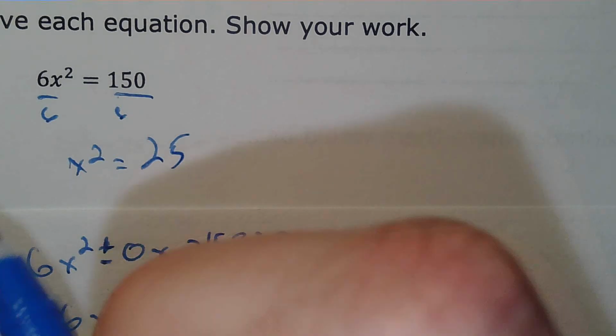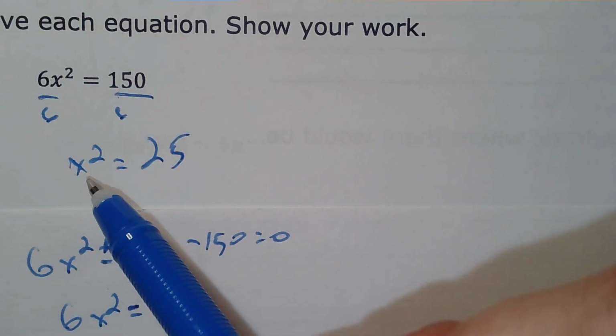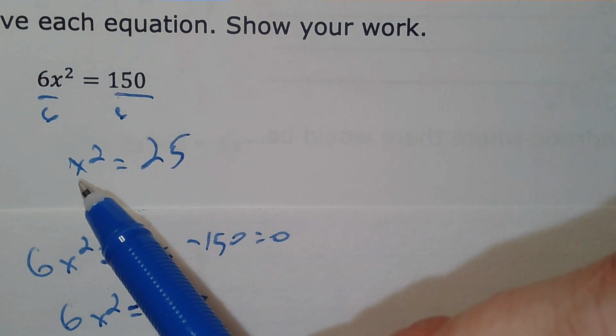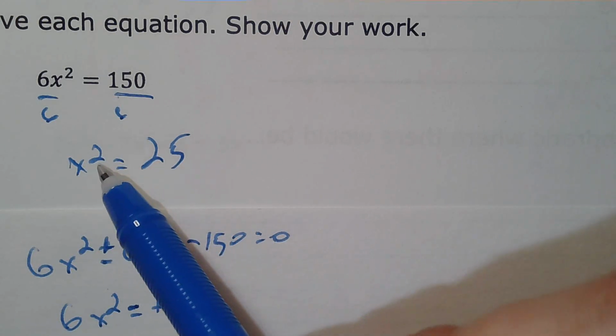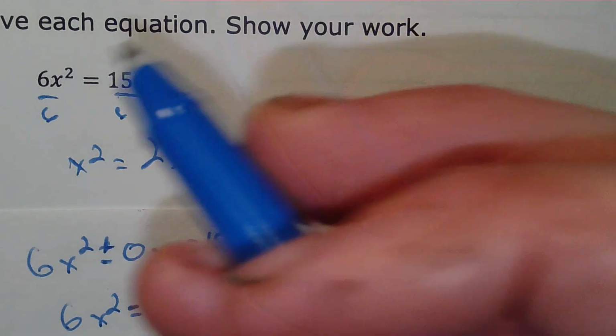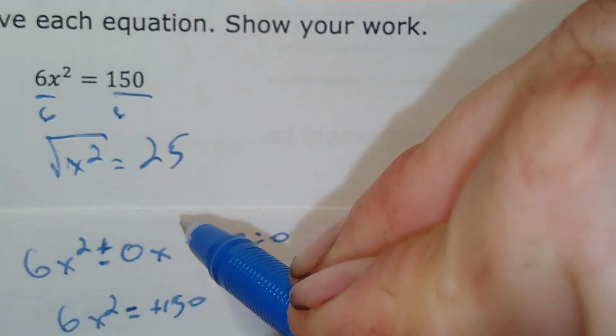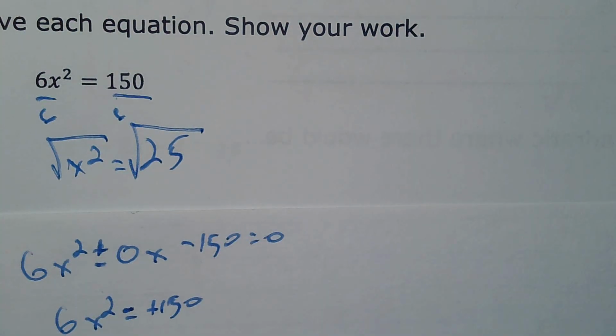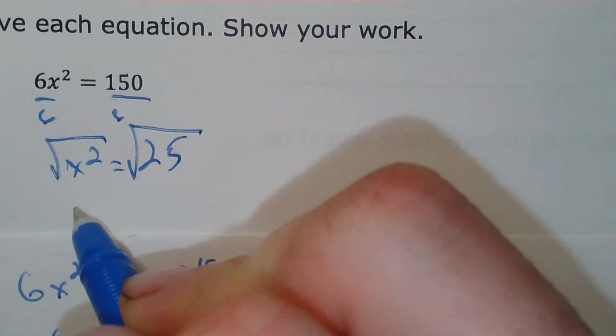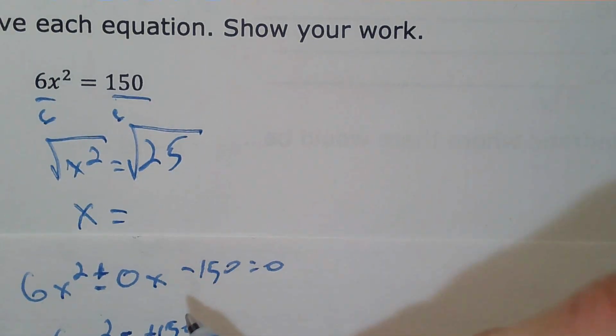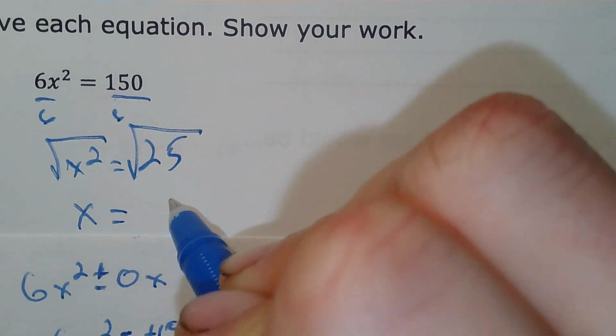Now, since I have x squared on this side, I need to take the square root to get to x, because the opposite of squaring is square rooting. As I do it to one side, I must do it to the other side. So the square root of x squared is x, equals, well, the square root of 25 is 5, right?